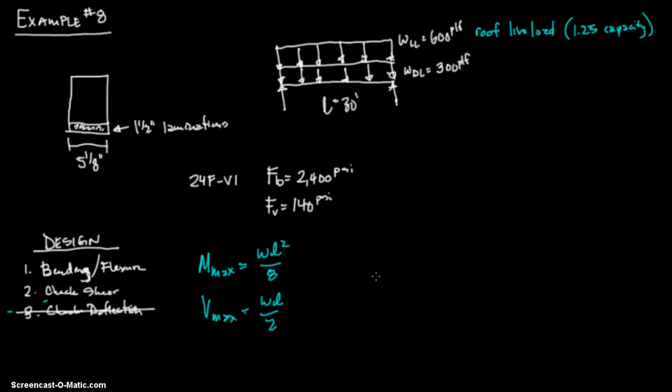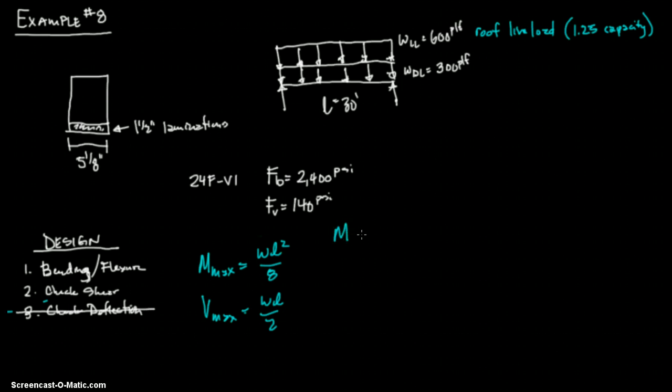You can just tell by looking at it, it's twice as much live load, so this 125% capacity is not going to do it. If you had 125% of 300, then it might work, or somewhere around there. But when you have that much live load compared to your dead load, live load plus dead load is going to control. But let's do both.